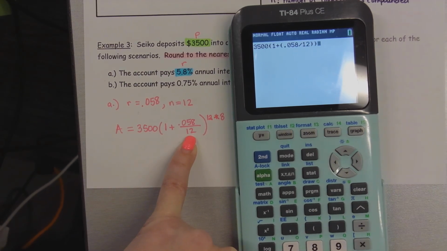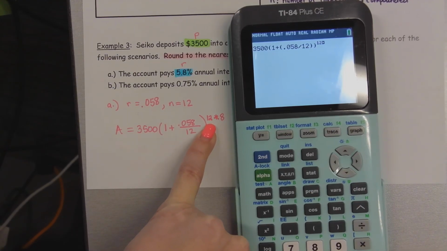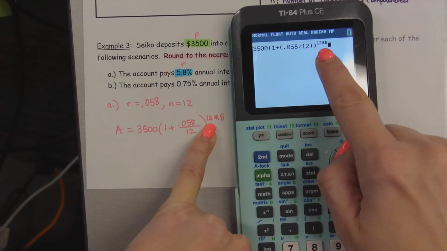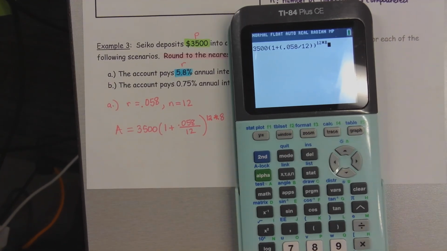Others you won't have to, it just depends. Same thing with the exponent. If your calculator does the exponent like that, you don't have to put it in parentheses. But if your calculator does the caret, then you do have to put that in parentheses. So take a moment to plug that in.